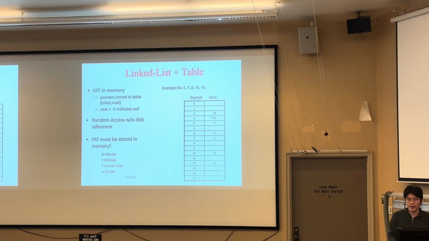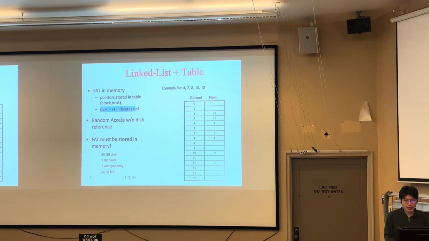Right? So this is essentially the same. We have a table, and this table has the current data block ID and the next data block ID. Okay, so all the pointers are stored in the table, right? The current block and the next block, and next equals -1 indicates this is the end of the list.